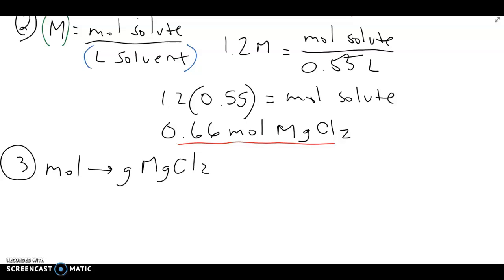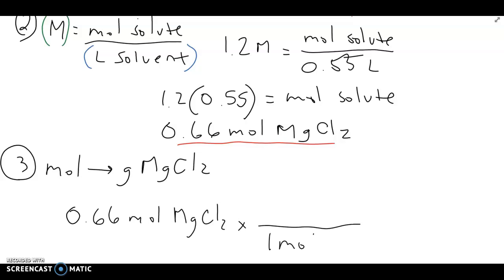So to do that, we take our 0.66 moles of MgCl2 and multiply by 1 mole on the bottom, because we're starting with moles and want to cancel that out, and our grams is 95.21 grams.